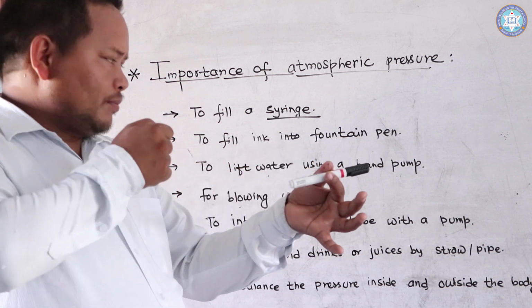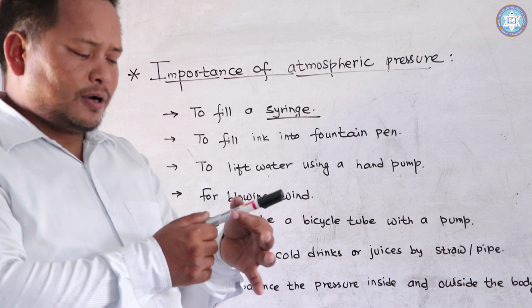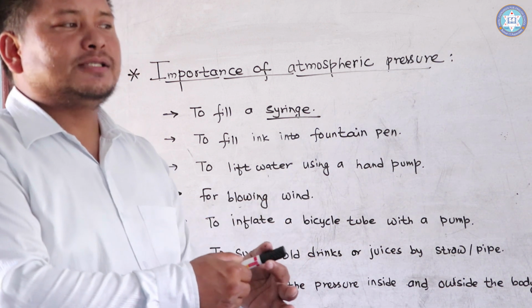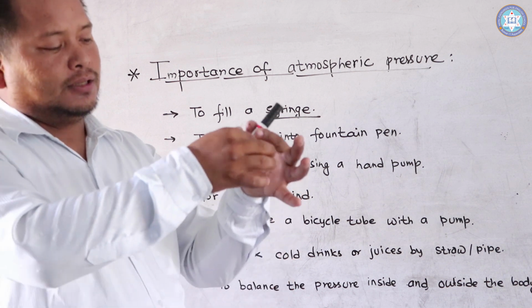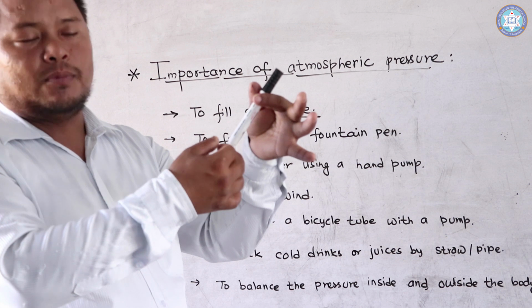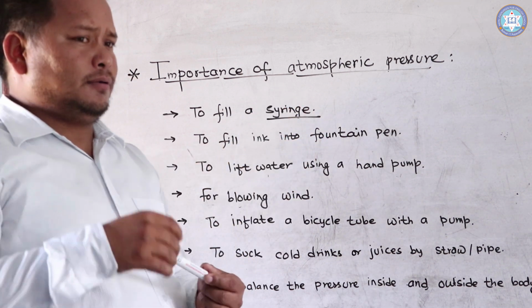While we fill the syringe, what happens? The pressure decreases in the storage cylinder because the volume increases.